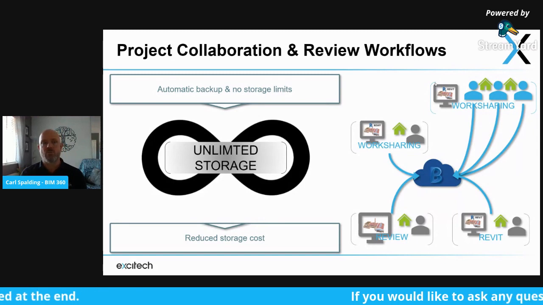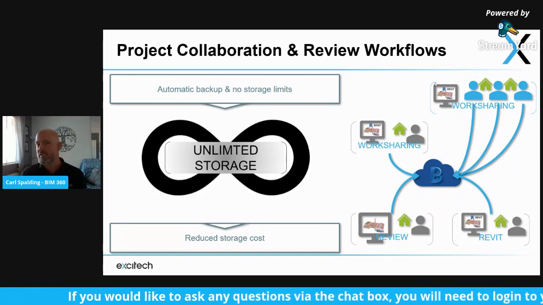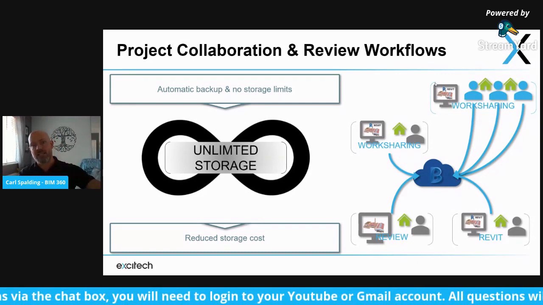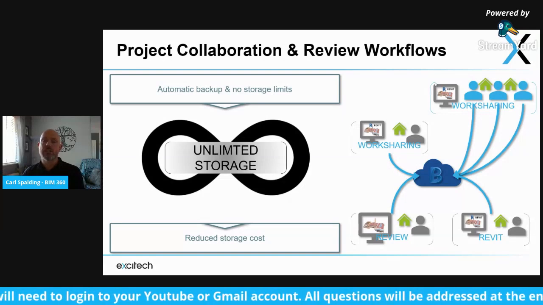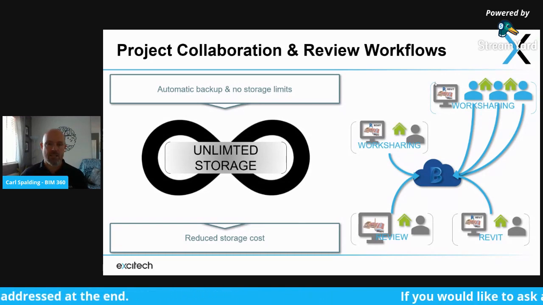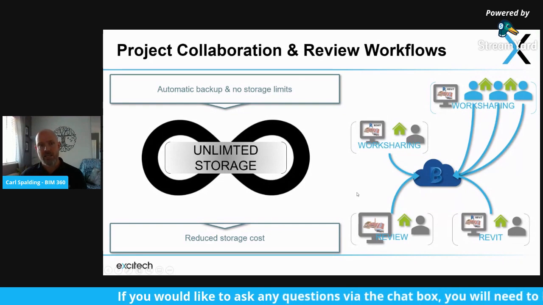Well, what happens with BIM 360 is all that data is automatically backed up anyway, so you can access that data from anywhere, but also you can access all the history of that data as projects move on and those files are updated. You still get a full kind of version history. And I'll talk a bit about that as well. So you've got unlimited storage and your backups are being taken care of automatically.